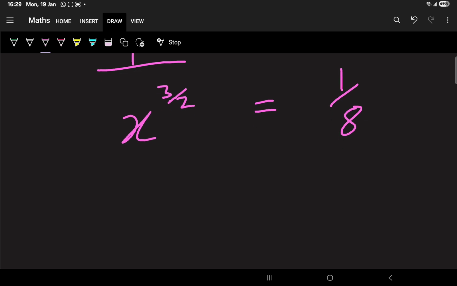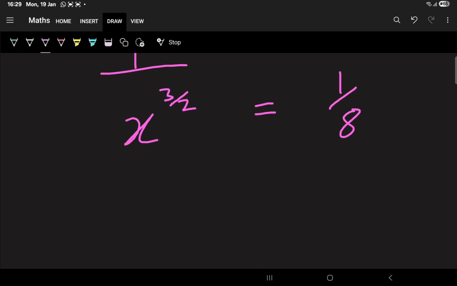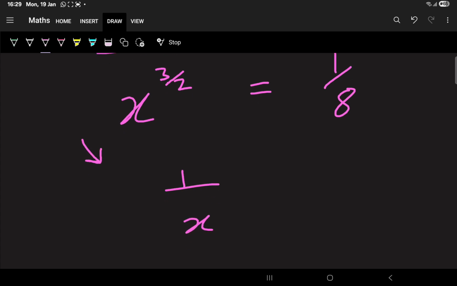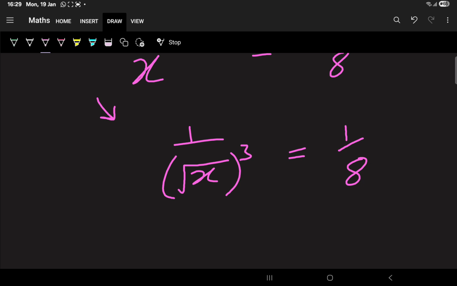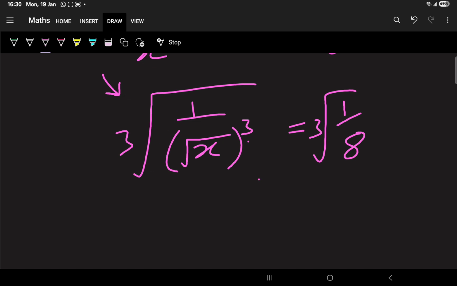So also from the law of indices, this can be written as 1 over x, that's square root of x to the third power, and is equals to 1 over 8. Now I'm going to take the cube root of both sides to get rid of this right here.